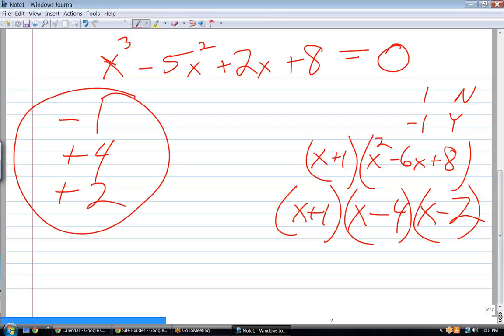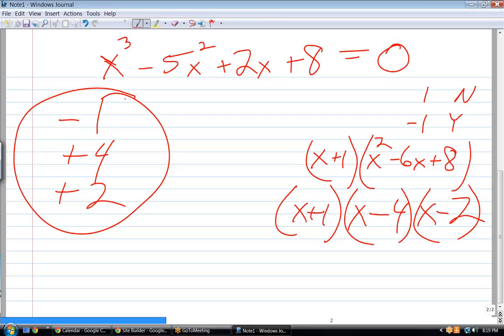Now, maybe she wanted you to go through and use the rational root theorem to find all three of these. But that's kind of silly. That's the hard way to do it. Once you've found one, you know the remaining is a quadratic, and you can factor it or use the quadratic formula, which to me is a lot easier than using the rational root theorem.